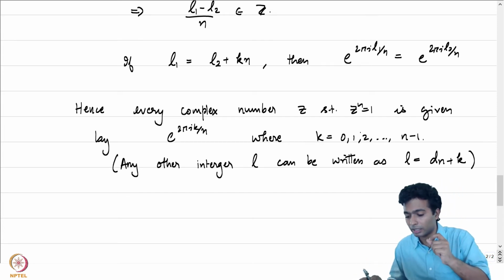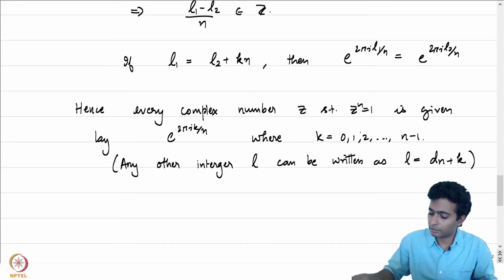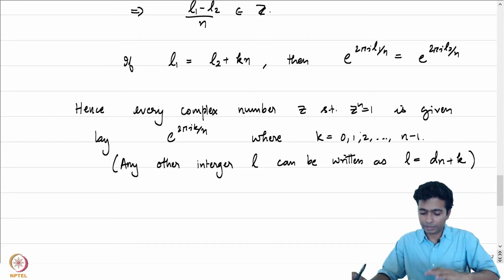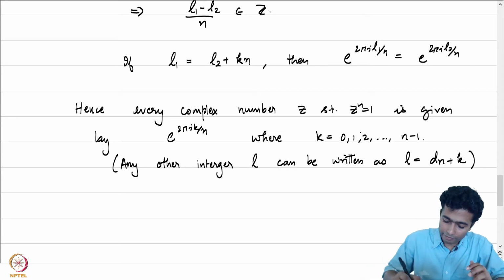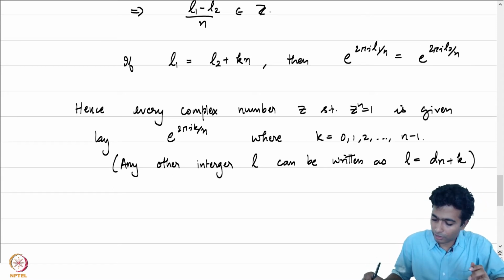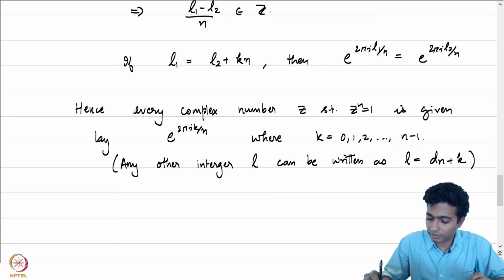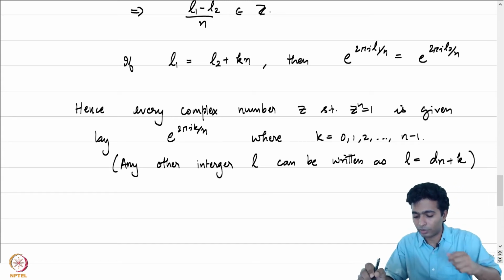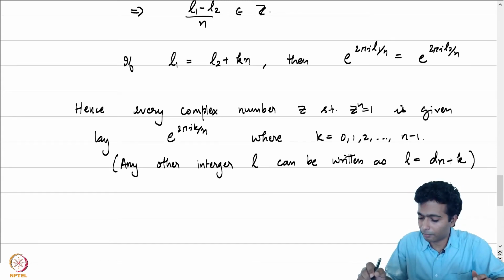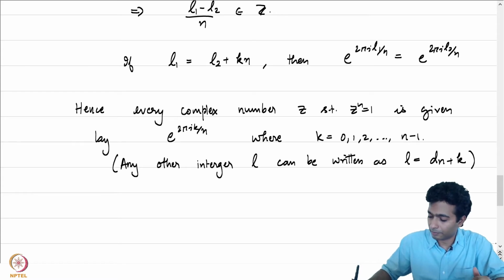Notice that since L and dn are integers, k is also going to be an integer. And by using this division algorithm, every complex number which satisfies z to the power n equal to 1 can be written in this manner for k from 0 to n minus 1.